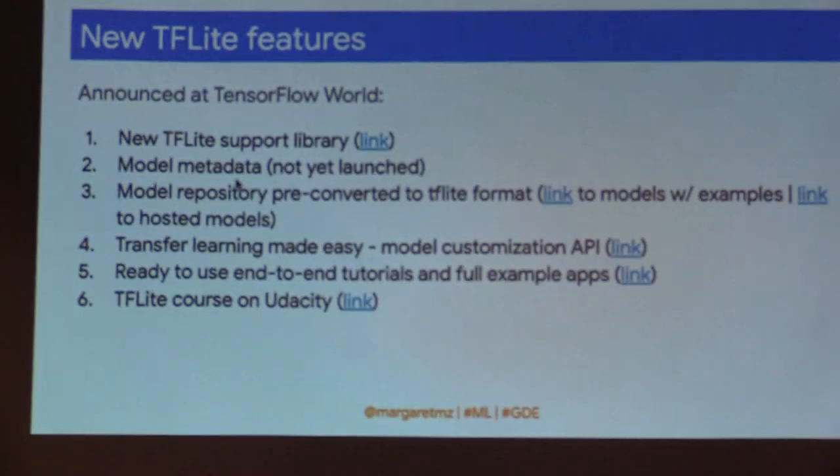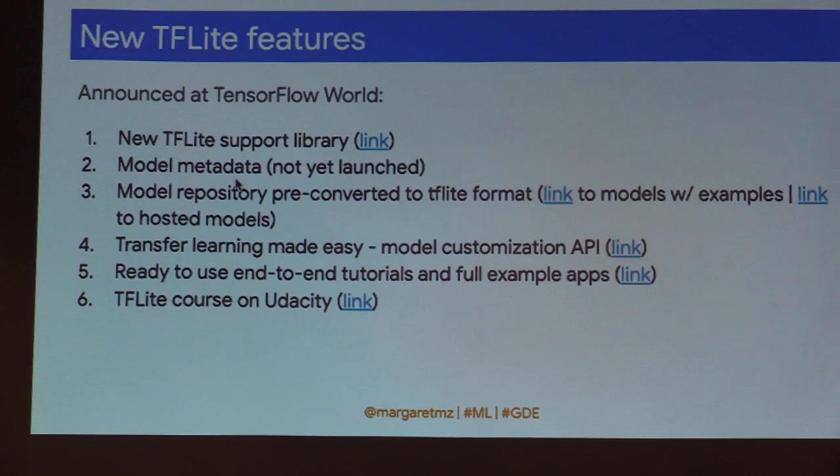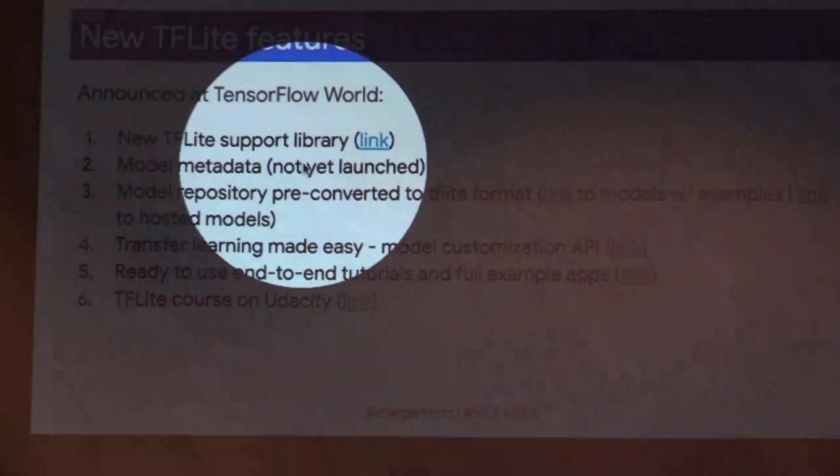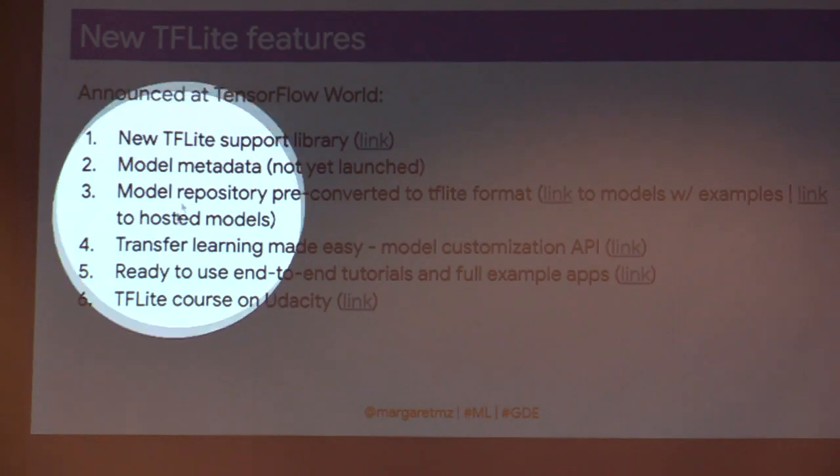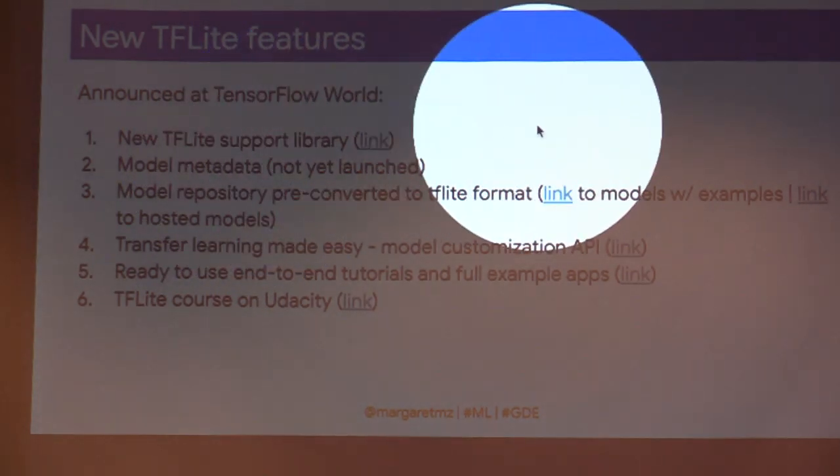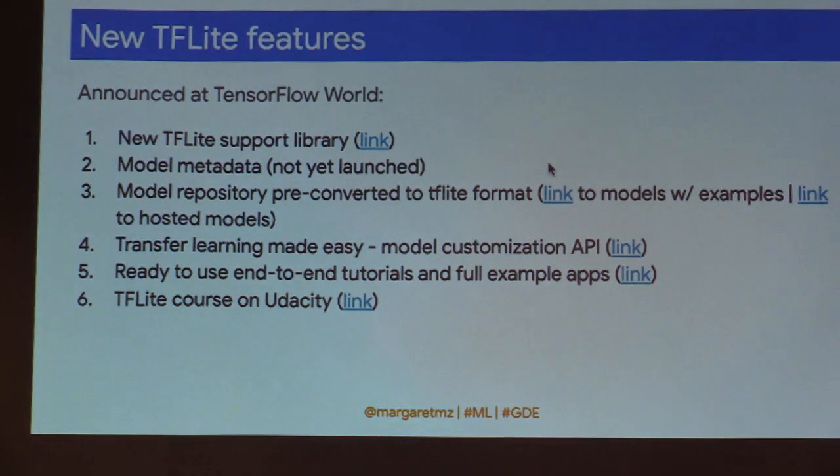The second one is the model metadata, which is not yet launched, but I mentioned it earlier: it allows you to see the metadata about your model and edit it. And the third one is the repository. I already included links, so you will see hosted TFLite models.